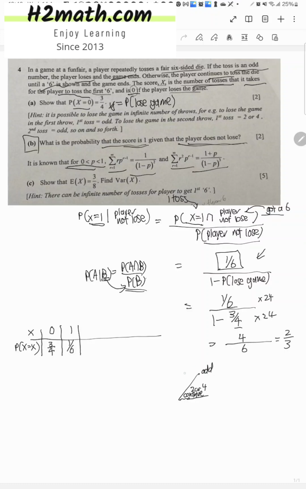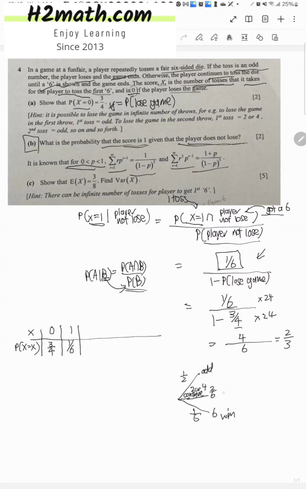So 2 or 4, the probability is 2 over 6, which is 1/3. And then to get a 6, that means winning, the probability is 1 over 6.